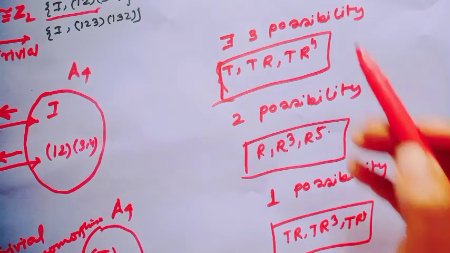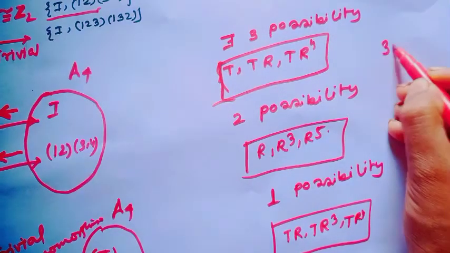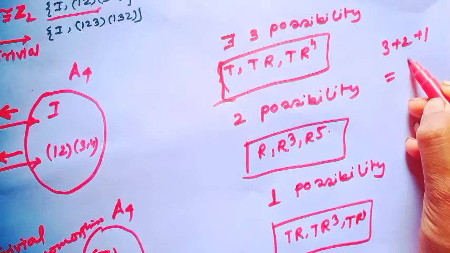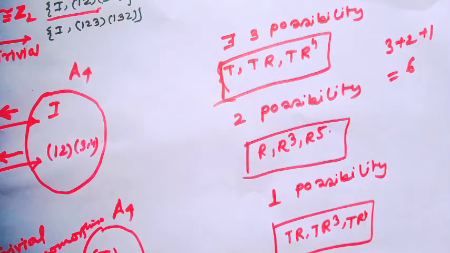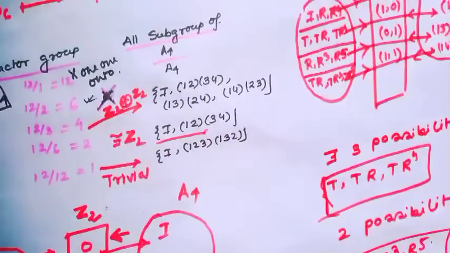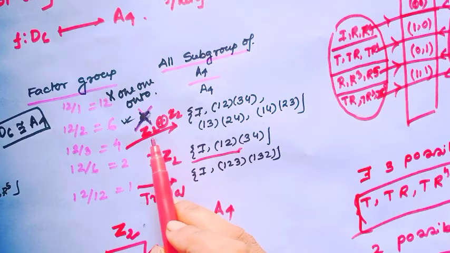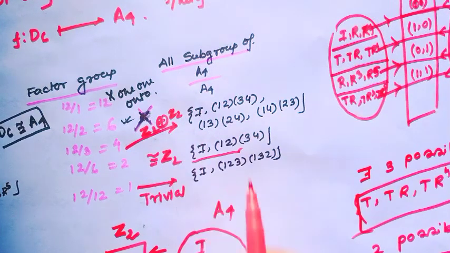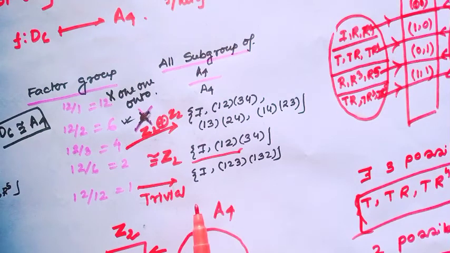So there exist 3 plus 2 plus 1, which means 6 homomorphisms are possible. Are you getting? This is very important. So there exist 7 non-trivial homomorphisms and 1 trivial homomorphism, and the total number of homomorphisms is 8.